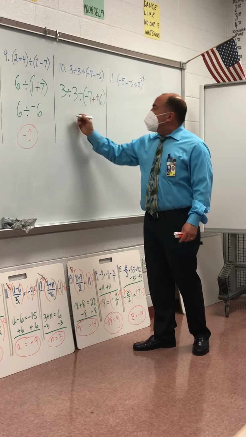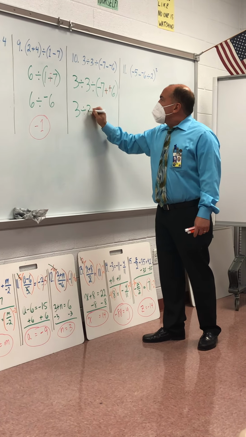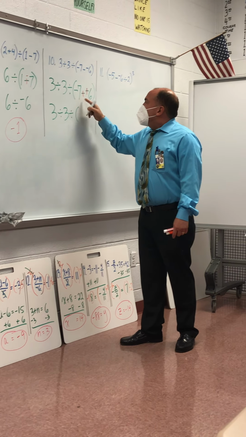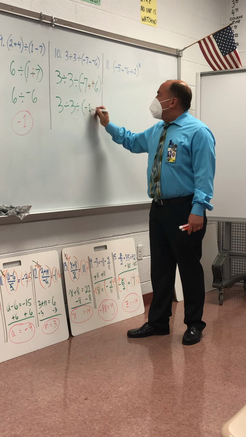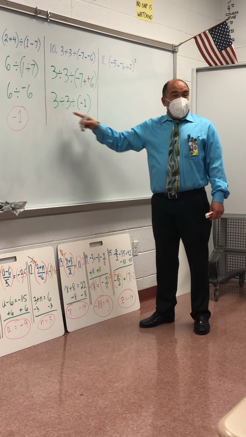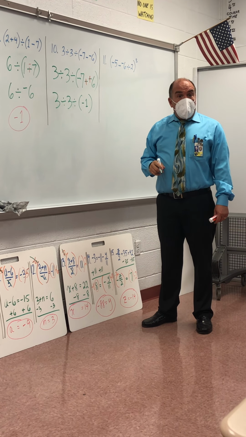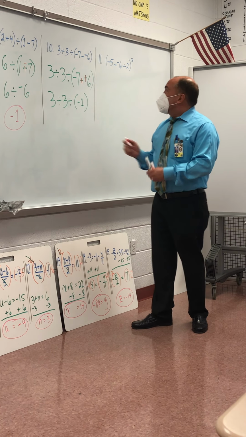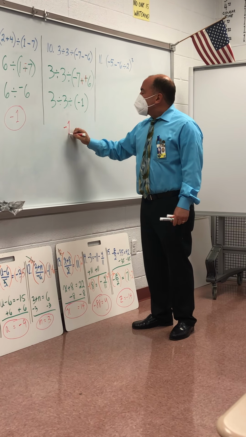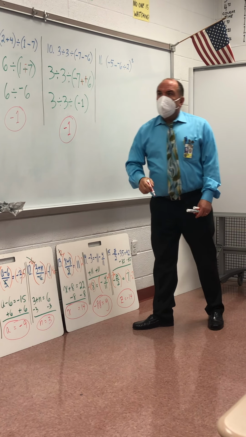Subtract, use the sign of the bigger number. 7 minus 6 is 1, bigger number is negative. It's -1. 3 divided by 3 is 1. 1 divided by -1 is -1. Okay?